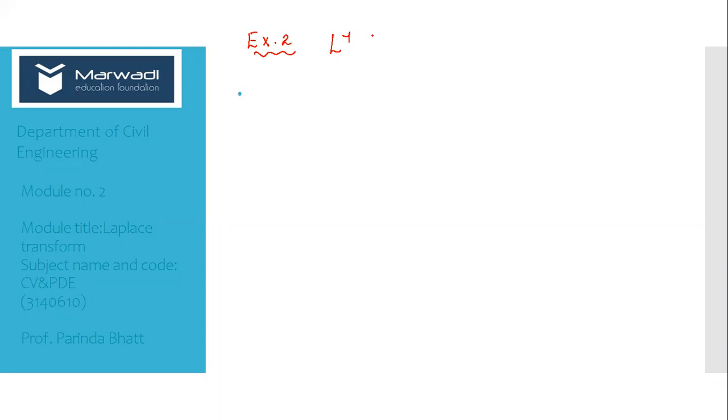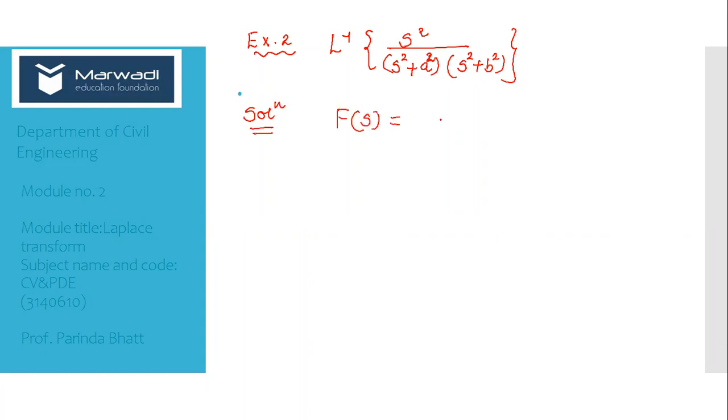Laplace inverse of s square upon s square plus a square into s square plus b square. Apply the same steps in this question. This is F of s equals s square upon s square plus a square into s square plus b square.